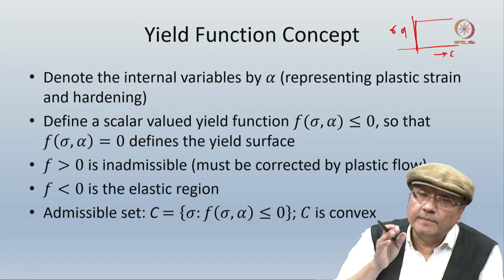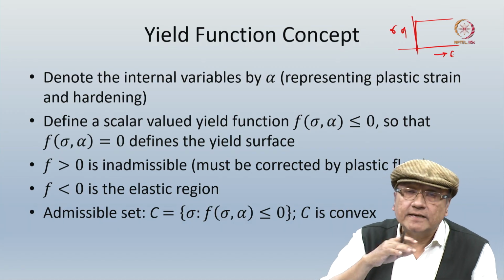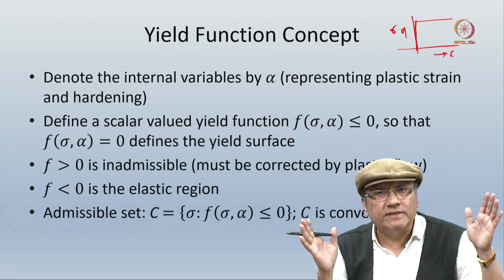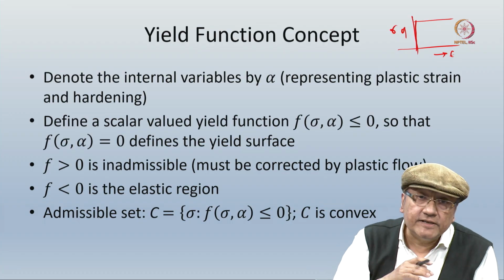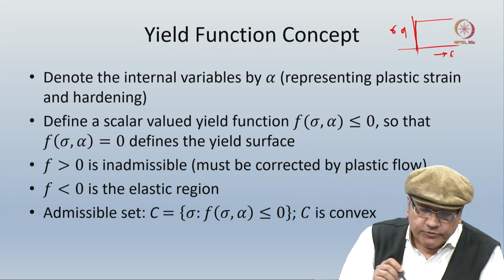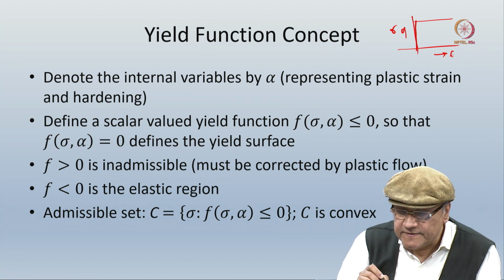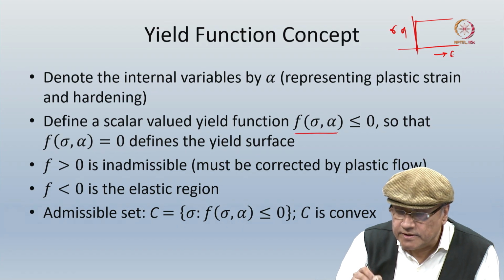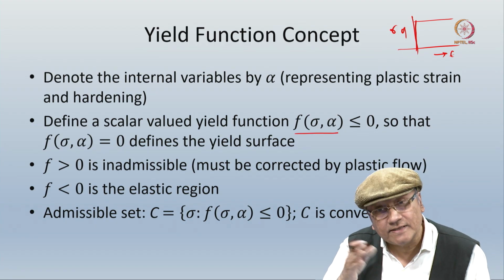Think about a surface in 3D, for example. A surface will completely separate two regions. Similarly here, there is a very sharp separation between reversible and irreversible regimes through a surface, which is defined by this function f equals 0. That is a surface.